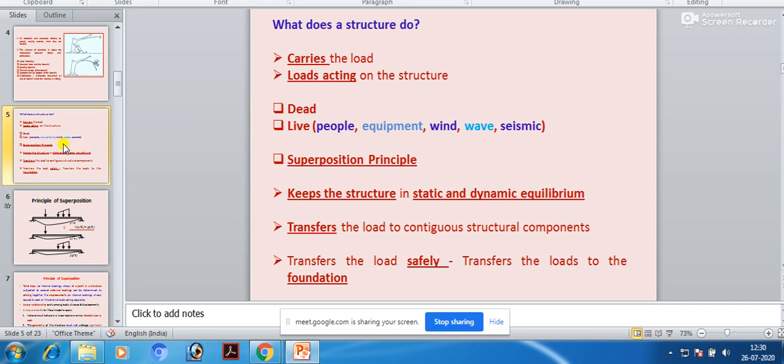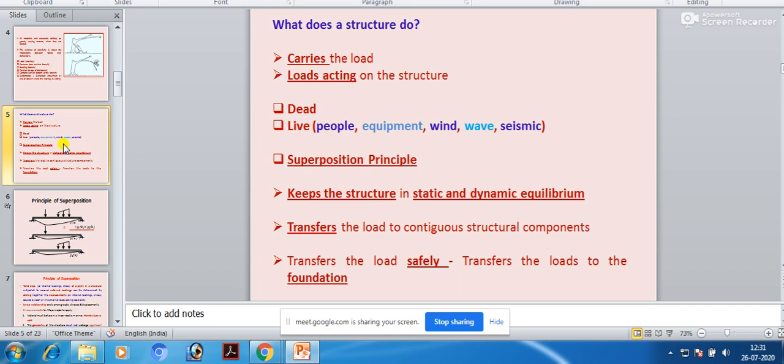So how do I find out the total deformation of the structure? Because I need to find out the total deformation of the structure when it is subjected to all these loads together.